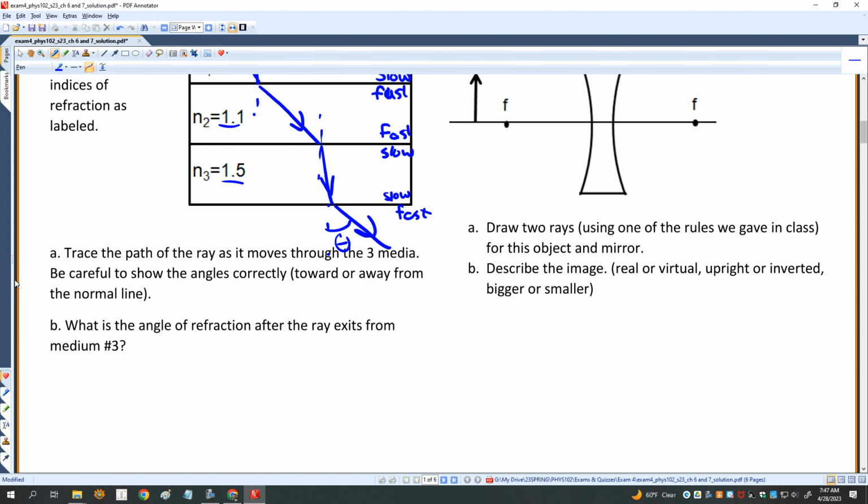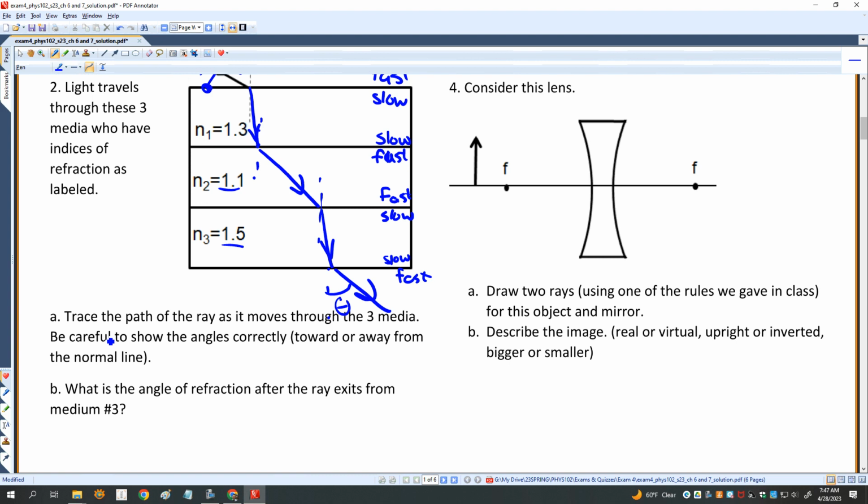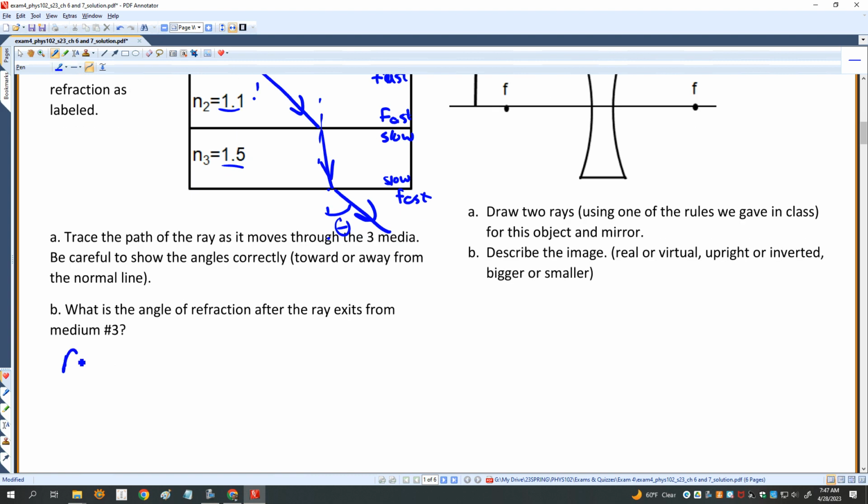And I want to know, what is the angle of refraction after the ray exits from medium number 3? If you're clever, you could just say it's the same as the entry angle, because I know that n1 sine theta 1 equals n2 sine theta 2 equals n3 sine theta 3.